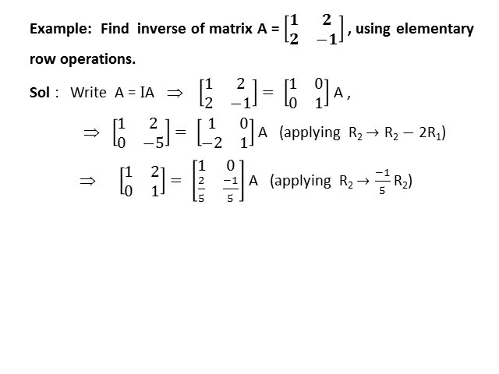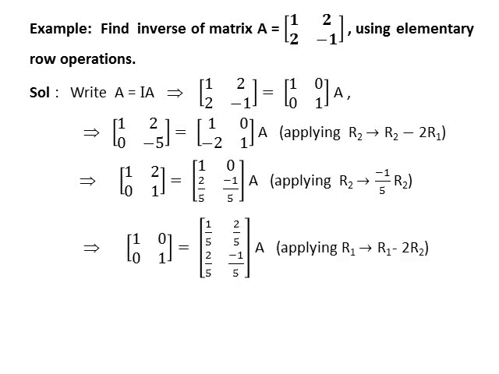Same operation we apply on right hand side pre-multiplier matrix. So we get pre-multiplier matrix on right hand side with the elements 1, 0, 2 by 5 and minus 1 by 5. And write the post multiplier matrix A on right hand side as it is.